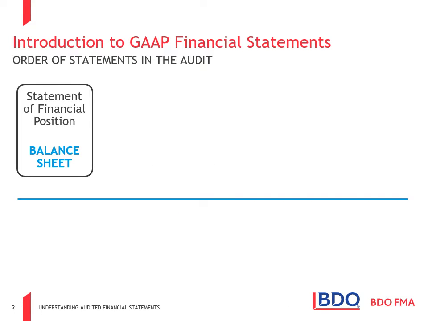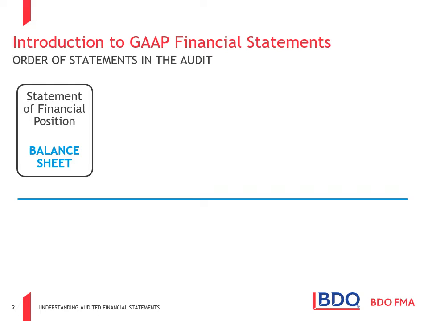A nonprofit audit is one of several places where an organization's financial data must be presented according to GAAP, or Generally Accepted Accounting Principles, a common set of accounting rules to keep financial reporting consistent from one organization to the next. GAAP standards for a nonprofit audit require 4 financial statements, and in this order.